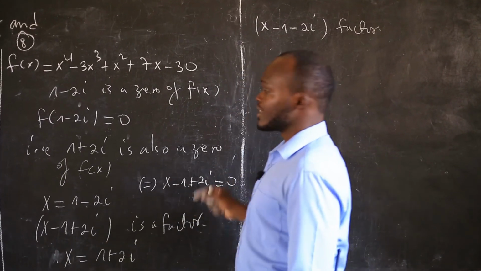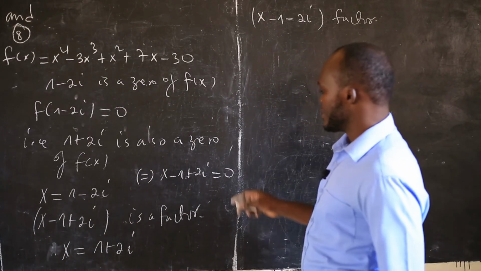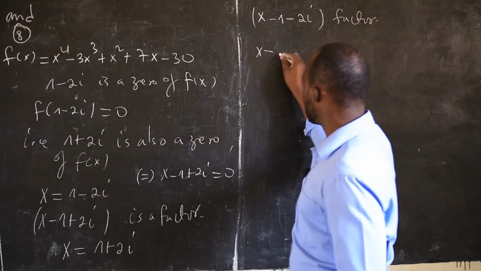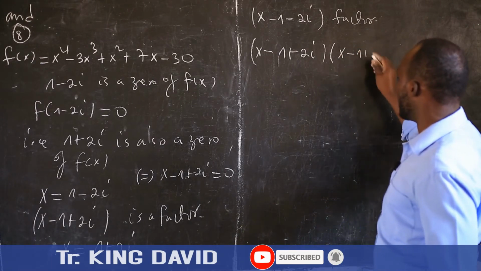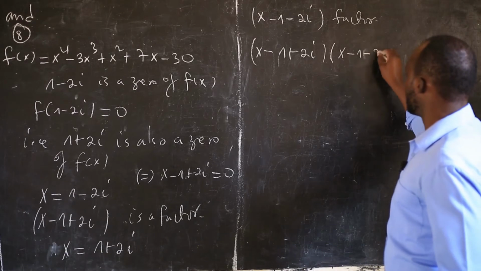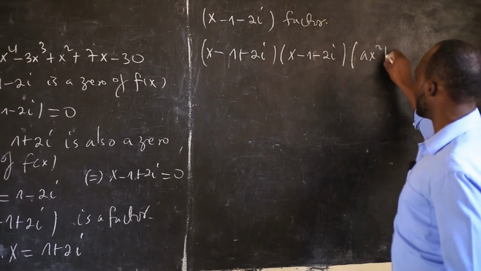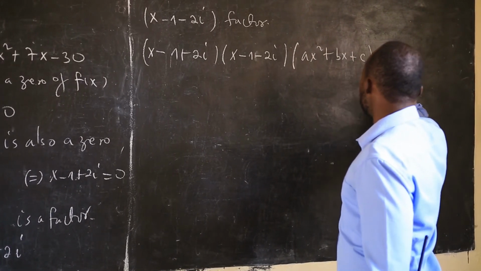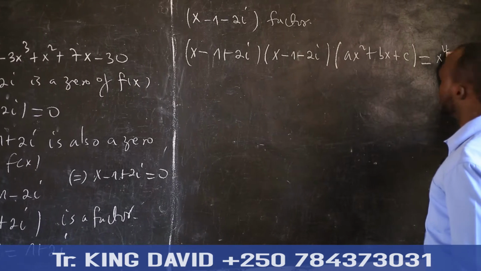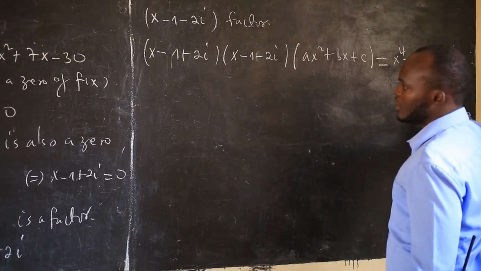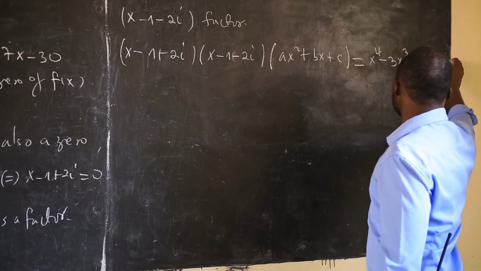So you see the product will be a quadratic equation. Now for the polynomial of degree 4, if we take x minus 1 plus 2i into bracket x minus 1 minus 2i, times a quadratic equation, which is like ax squared plus bx plus c, it will be equal to the fourth degree polynomial, which is x power 4 minus 3x power 3 plus x squared plus 7x minus 30.